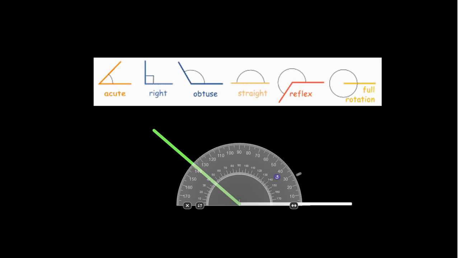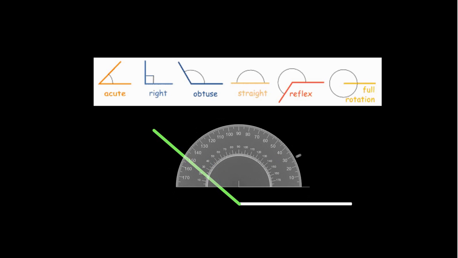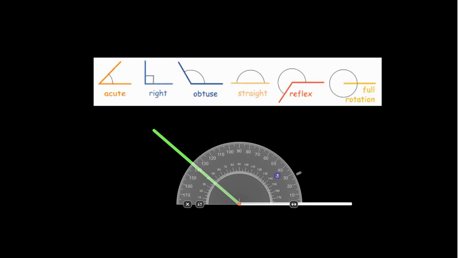An obtuse angle is an angle that is greater than 90 degrees, but less than 180 degrees. We align our protractor with the vertex of the two arms. This is where the arms meet. I will now align the protractor, and I'll take the arm of the protractor and adjust it so it measures this angle.